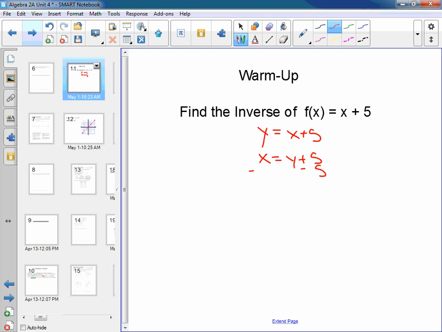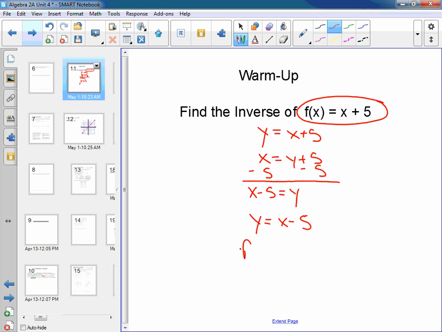So we'd subtract 5, and we'd get x minus 5 equals y, and then we'd reverse to just say y equals x minus 5. It's the same thing. And then if we want to use the proper notation, if this is f of x, we say f inverse of x is equal to x minus 5. Okay, so that's how mathematically we would go through the steps to find the inverse.